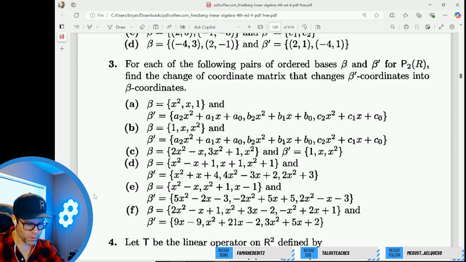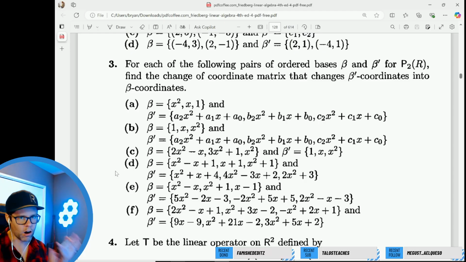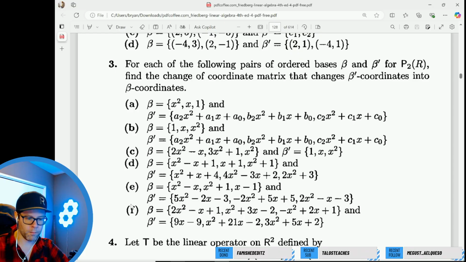What I'm doing with Friedberg is definitely of a really high academic level, but we probably won't get into the difficulties that arise from working with abstract vector spaces. We're going to keep a lot of our work in R or Rn, just to make things a little easier as an introduction for the students.